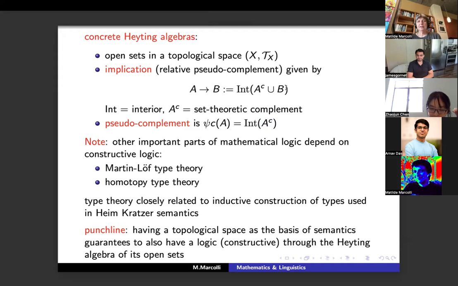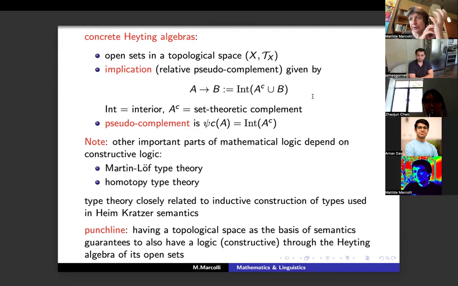And so all the properties of this constructive logic work for open sets of a topological space. So one can worry about whether trading Boolean logic for constructive logic is problematic.